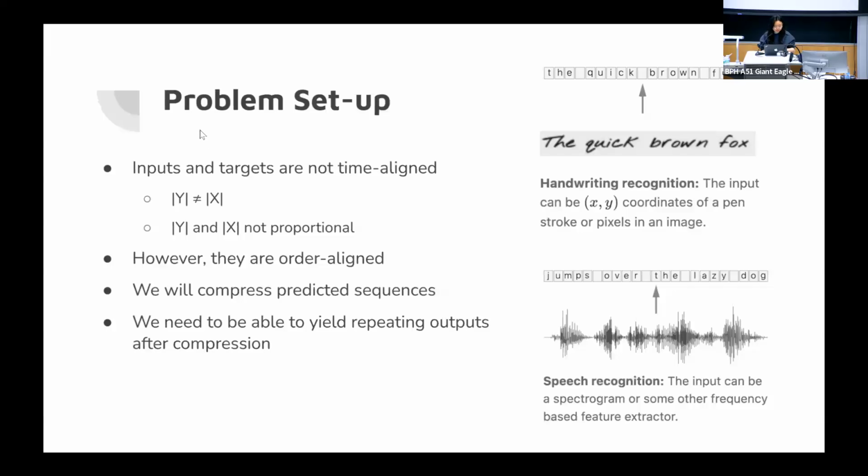Let's get into the problem setup. In homework 3, the inputs and targets are not time aligned. That means the length of Y, the target sequence, is not the same as the length of X, the input sequence, and they are not proportional either.